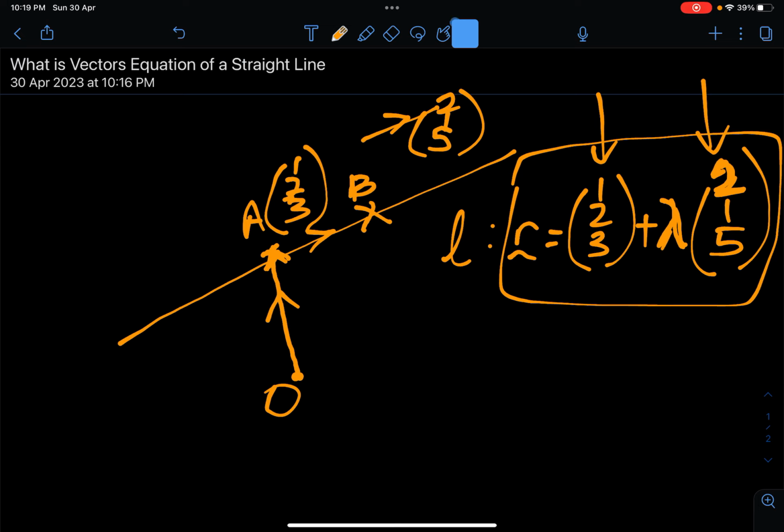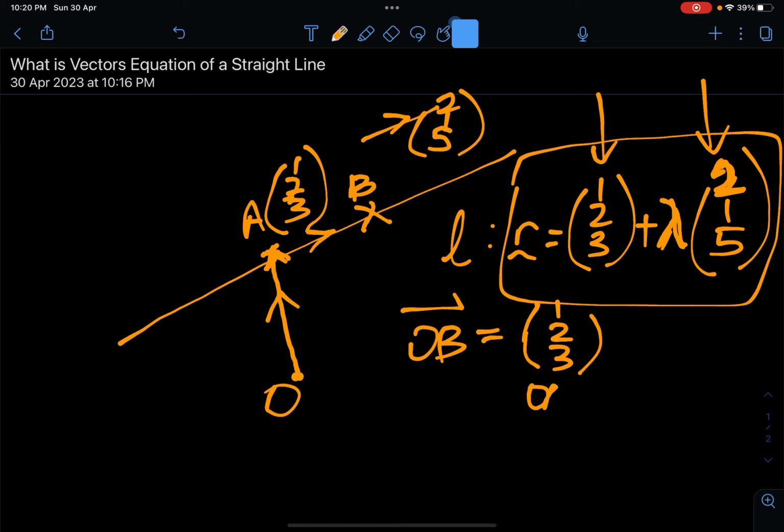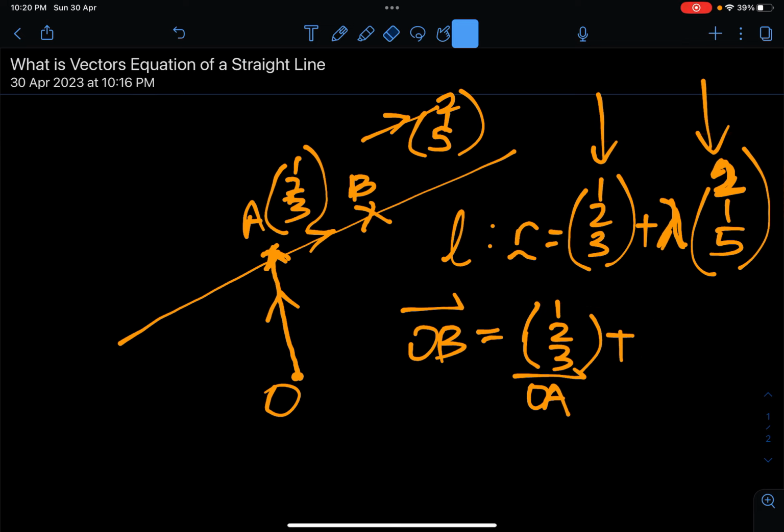So let's say OB is equal to, I need to first get to A, right? So OA, plus lambda of (2, 1, 5). Let's say in order to get to B, the lambda is 1.